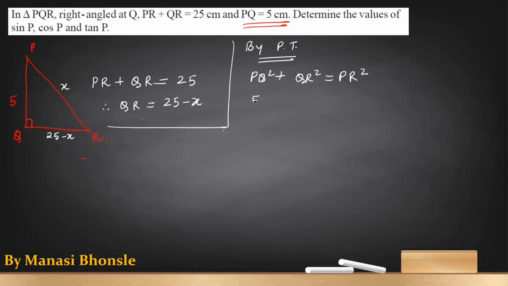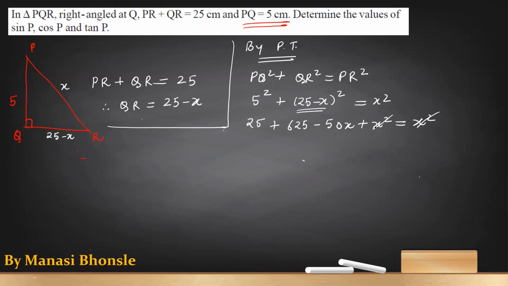So I'll just substitute: 5 square plus 25 minus X whole square equal to X square. So this is 25 plus 625, minus, this is going to get expanded using the formula (A minus B) whole square, A square minus 2AB, so 2 into 25, so 50X, plus B square, so plus X square, equal to X square.